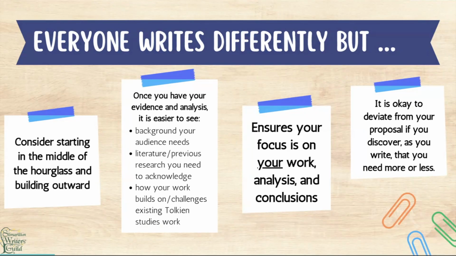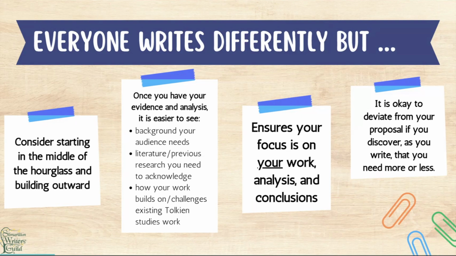Once I have that core written, it's a lot easier for me to see the background that my audience needs so that I'm really focused there and I'm not spending time, there's that word again, on things that my audience doesn't necessarily need. Same with literature. My literature review then is more focused on what literature actually forms the foundation for my ideas versus just a literature dump, which can take up, here's that word again, time that I don't have.